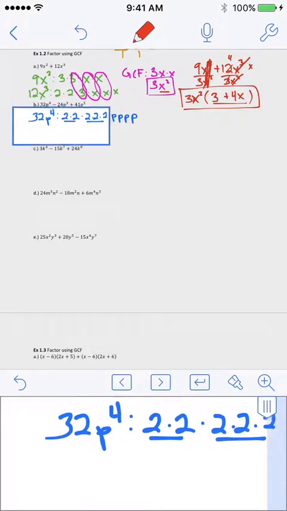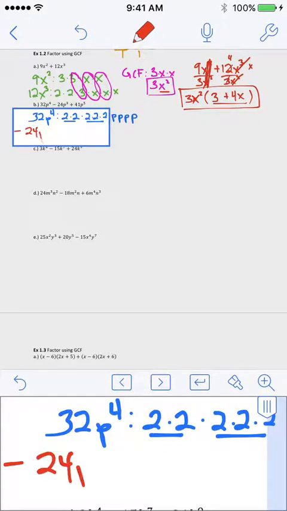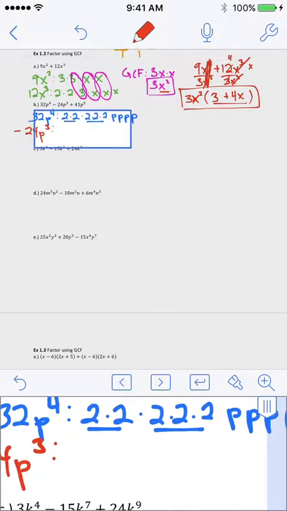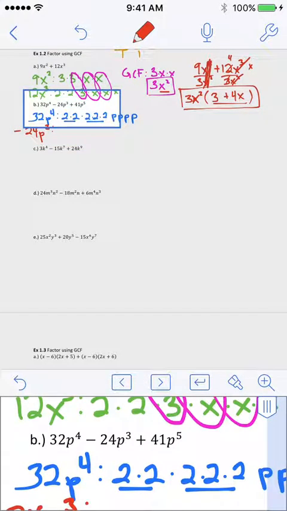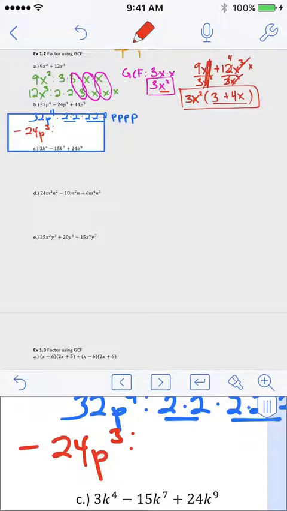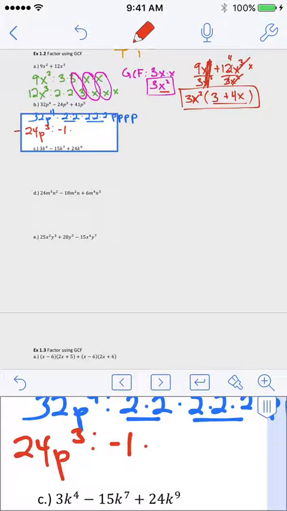Now let's do the next one. I'm saying negative 24p to the 3rd. First off, let's deal with this negative. When I have a negative like that, I like to leave it in. Some people ignore it, which is fine, but I like to see if they have negatives in common. So I'm going to say this is first off multiplied by a negative 1, and then I'm going to do the factors of 24.